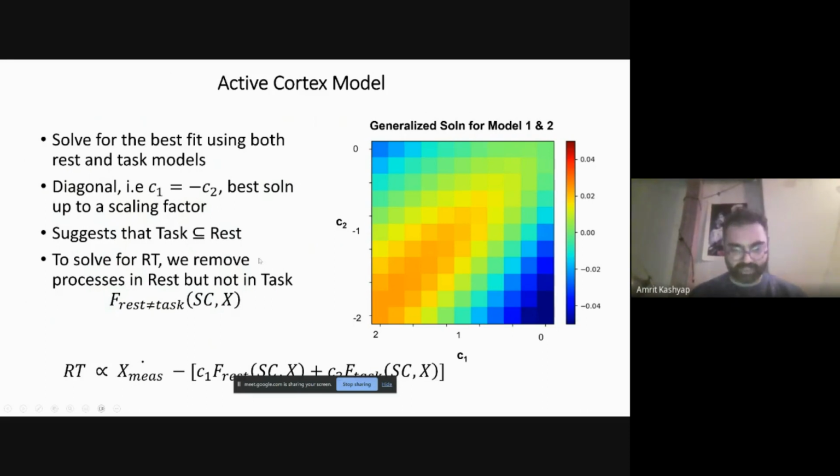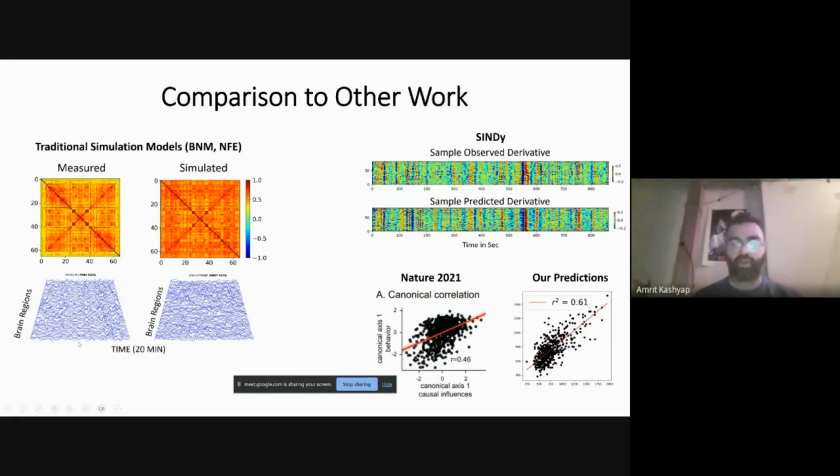We get these processes by taking our model from SINDy that encapsulates rest, and we subtract the model trained by task to get the difference of the processes, and then we remove those processes and we get our reaction time.